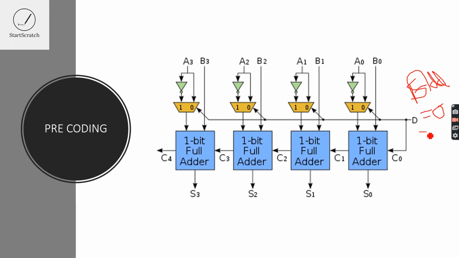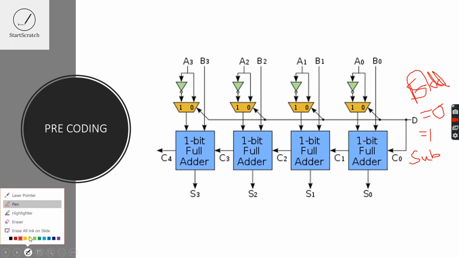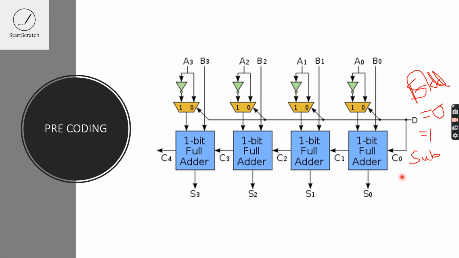And if it equal to 1, it will act as subtractor. Here it is. If D equal to 0, then it will act as adder, and if D equal to 1, then it will act as subtractor.